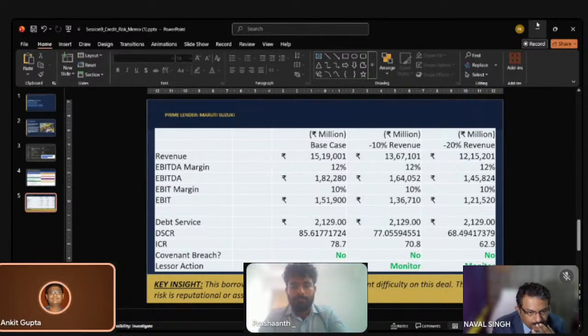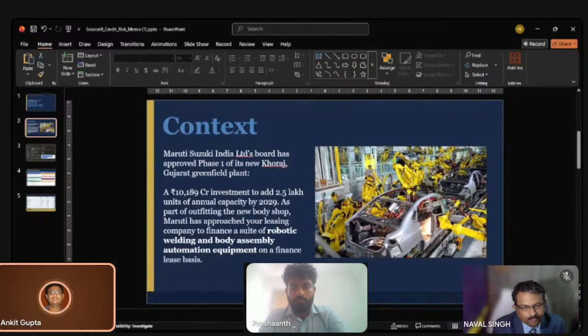Thanks for sharing your analysis, Prashant. Very well done, and really nice observations and questions. Just a basic question around industry risk. I know you did cover it, Prashant. What are the top three risks that you would highlight to the board members, which the industry is probably facing or might face in the coming years?